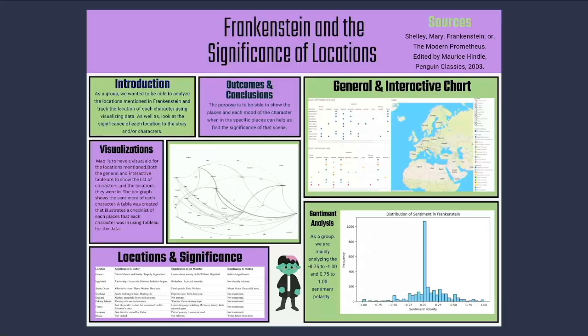So this is an example of, we read Frankenstein. They had to come up with a research question. I taught them Tableau. I taught them basics of Python, a little bit of R, and they had to create a visualization poster using at least 3 of the 5 tools, and one of those tools had to be either R or Python. So this is just one example that 3 students, 2 of them high school students, came up with.